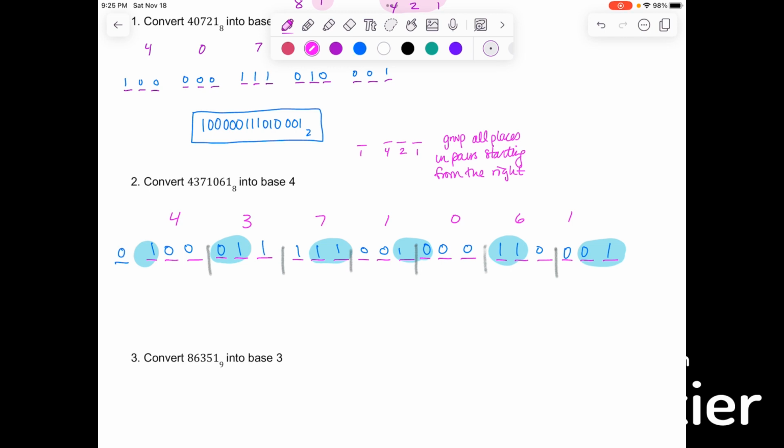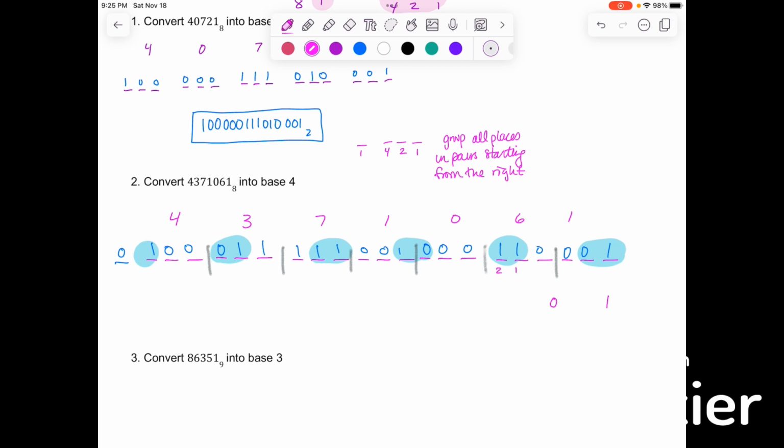And now that I've paired up all the values, I can take them and think about what those two digits together would be in base 4. So this would be a 1, 0, 0 is a 0, 1, 1 would be a 4 plus a 1, or I'm sorry, oh goodness. Okay, so this right here in base 2, this is my 2 and my 1.